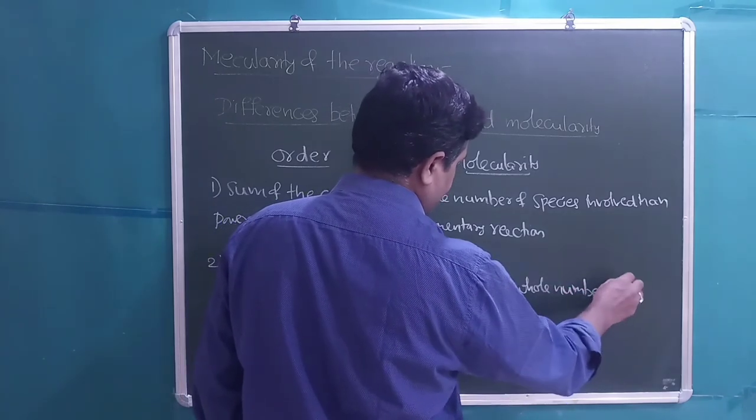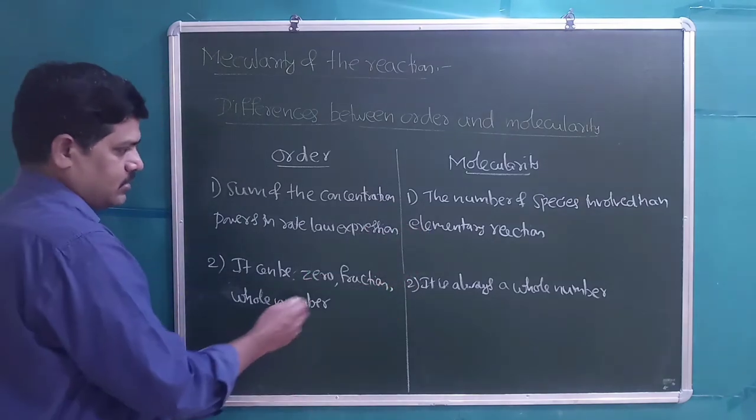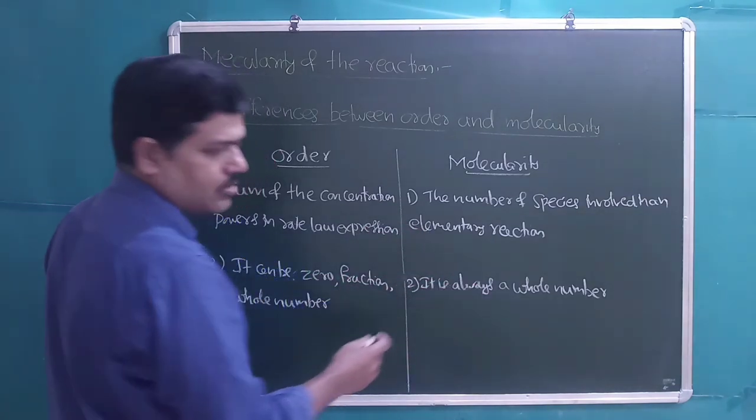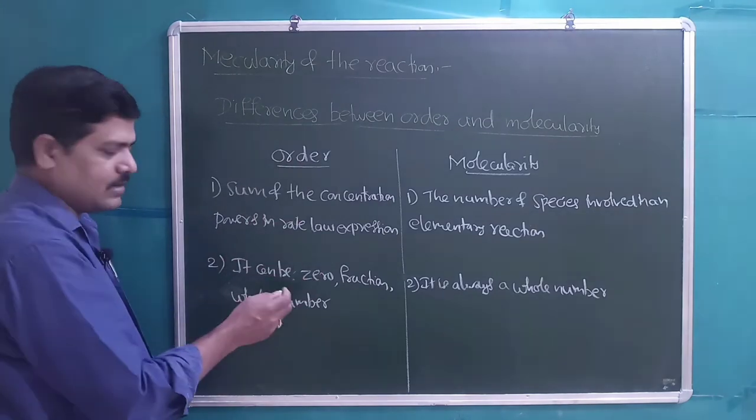It is never zero, it is never a fraction. It is like 1, 2, 3 like that. Molecularity is always a whole number, but order can be a fraction, it can be zero, it can be a whole number.